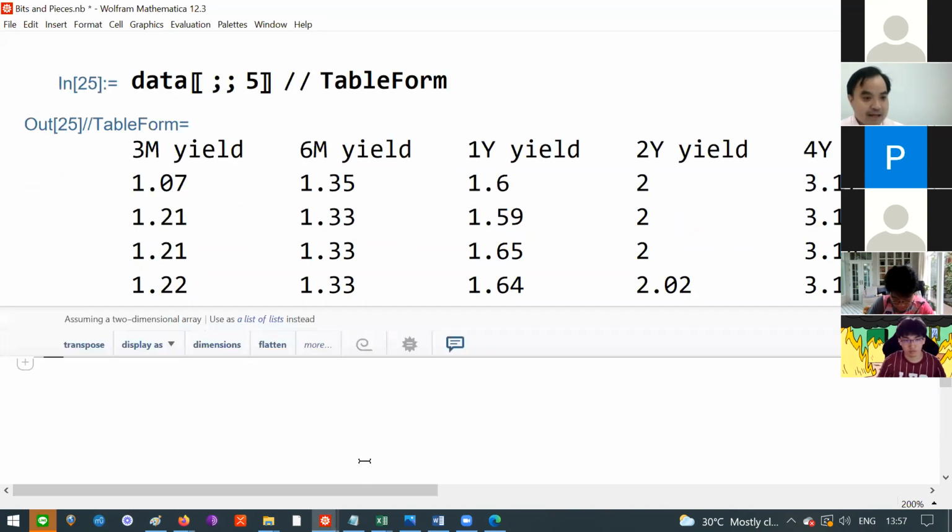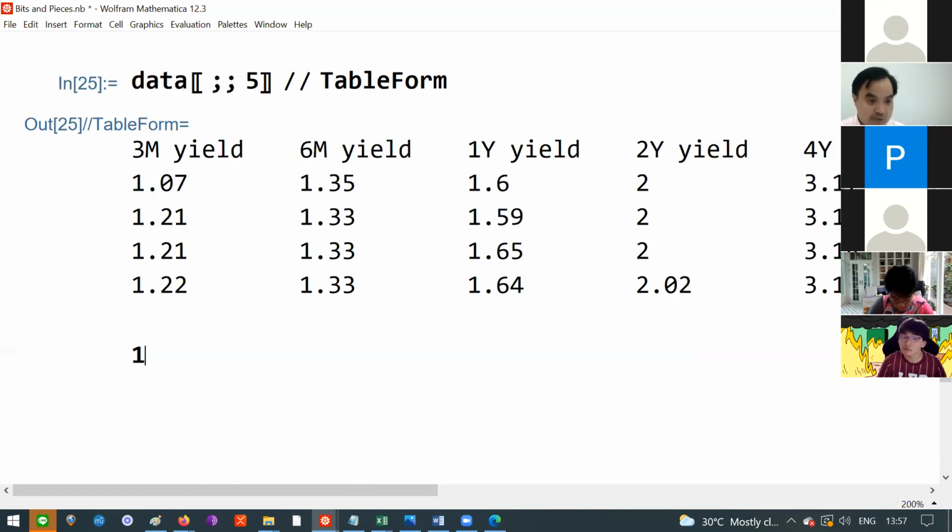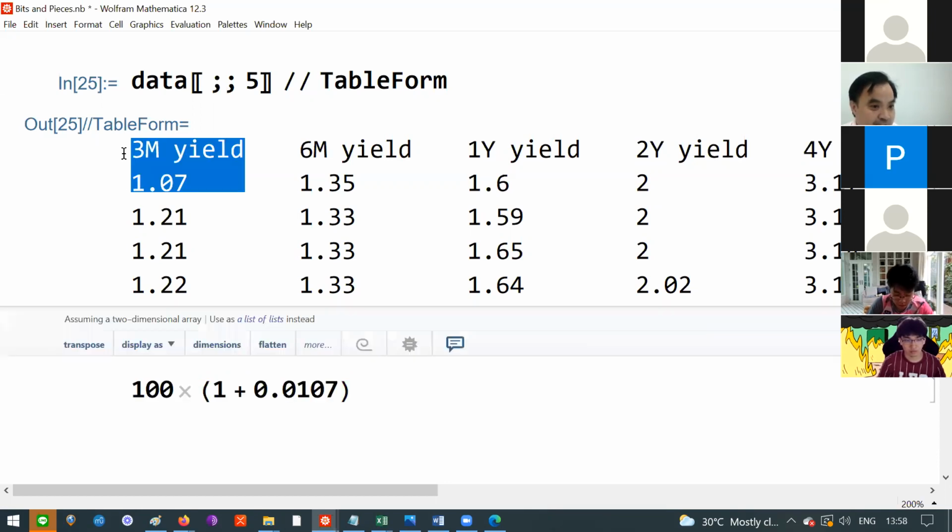So that means that if you invest 100 baht today, in 3 months' time, you get 1 plus 0.0107. This is the principal, and this is the interest, the 1.07% for 3 months.